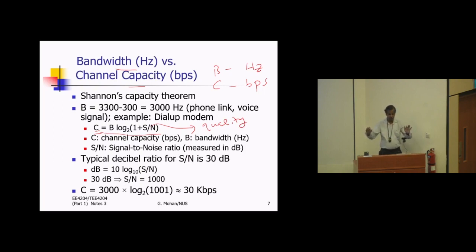We expect S over N to be very high, which means the signal power should be high compared to noise. It depends on the medium and distance, so there are several factors which affect the signal to noise ratio.